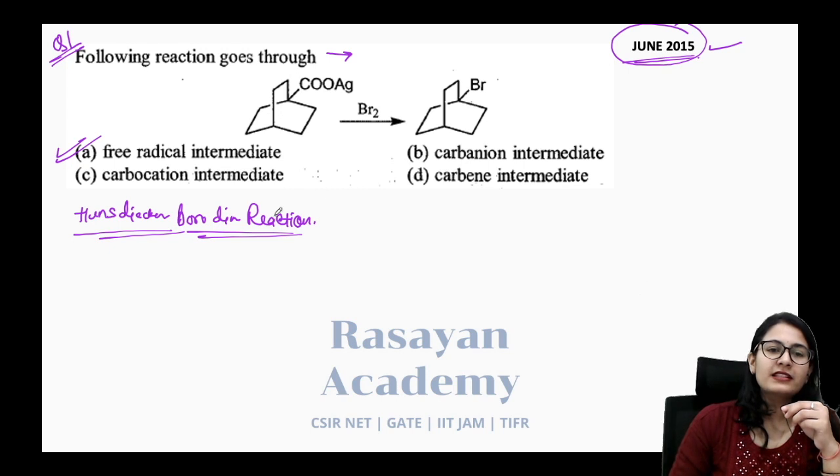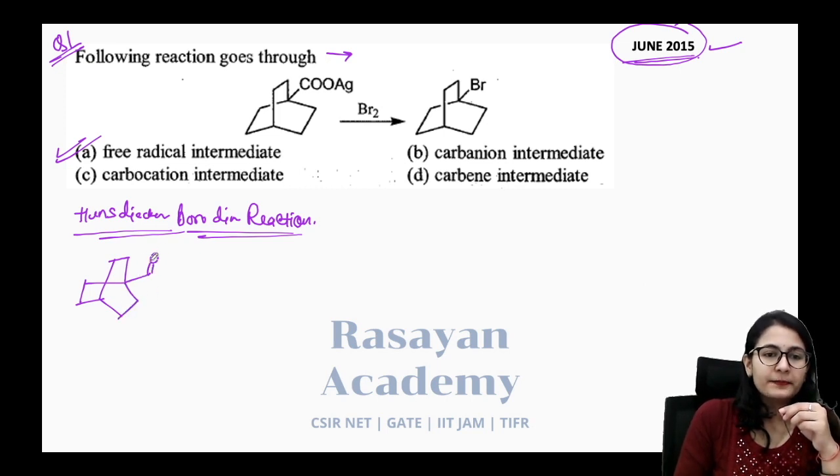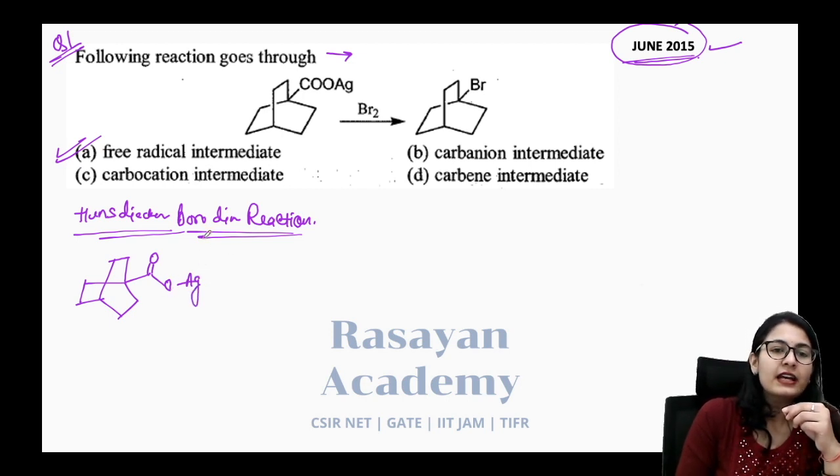Okay, so let's discuss the reaction over here. Now, what is this reaction? Very simple. When you are having a silver carboxylate salt, Ag plus and COO minus like that, it is basically going to break this bond, and the Br minus is going to break this bond over here.